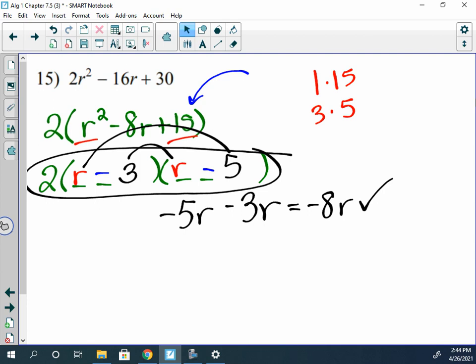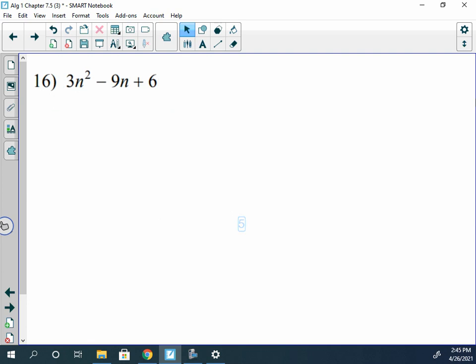Any questions on any of this here? Let's do one more together, and I will give you your assignment. So we're going to look at this one here. 3b squared minus 3b minus 36.